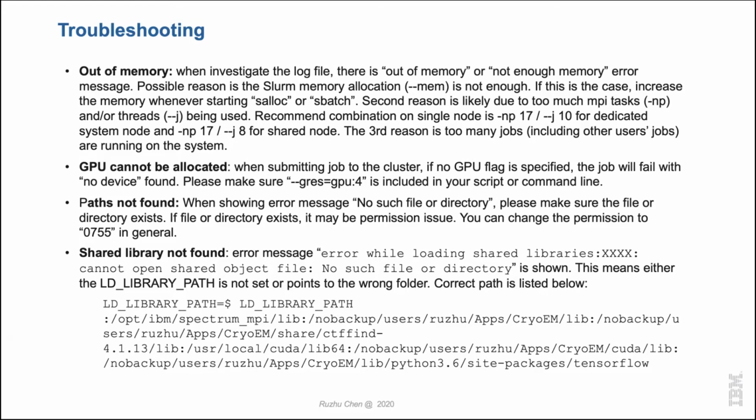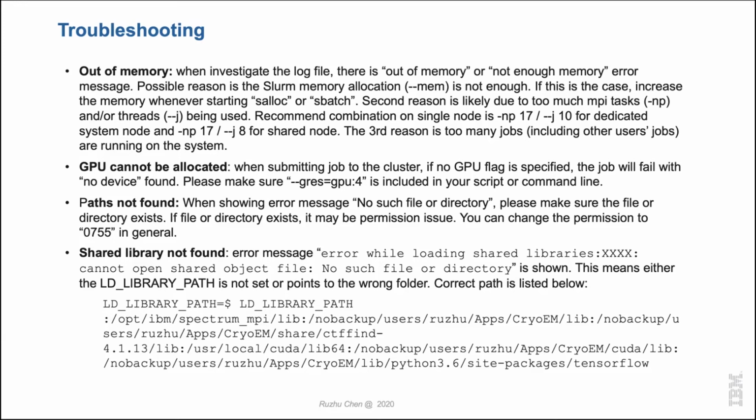If you're not setting it, maybe someone is still running their jobs on the system when your job is allocated. That means multiple jobs are running on the same system and cause the out of memory. Also, some common errors are like loading the shared library is not available.